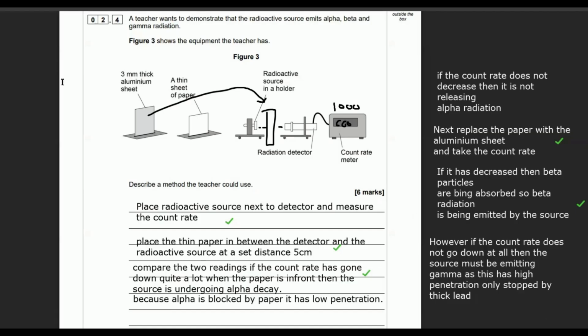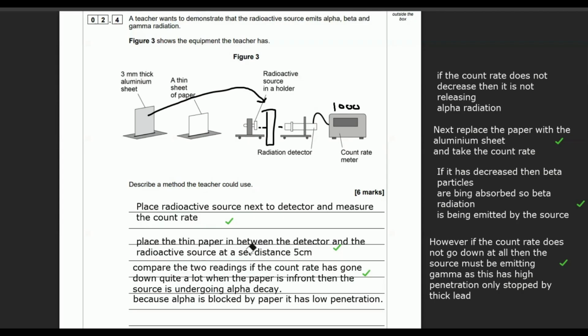So let's say I put the aluminium there and the count rate doesn't change at all, or it just goes down to like 990, then we know that whatever is coming out of the radioactive source can get through aluminium to the detector, and that means it's got to be gamma. That's the only other one it can be.